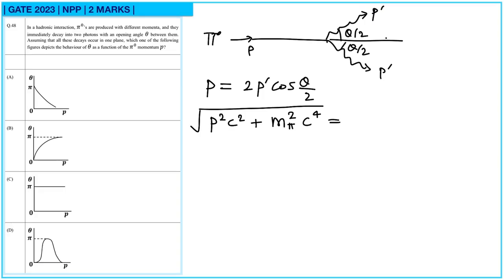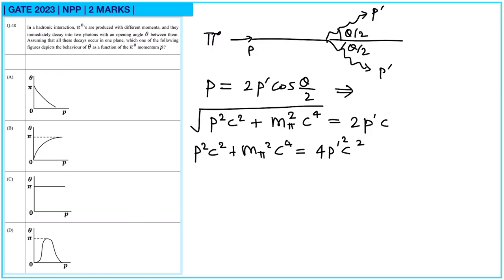Now photon is massless, so the energy will be only because of its kinetic energy, and kinetic energy is p into c. Two times we have to consider because there are two photons. So 2 p dash c. Now let us solve this. So this will be p square c square plus m pi square c raised to 4 and that will be equal to 4 p dash square c square.